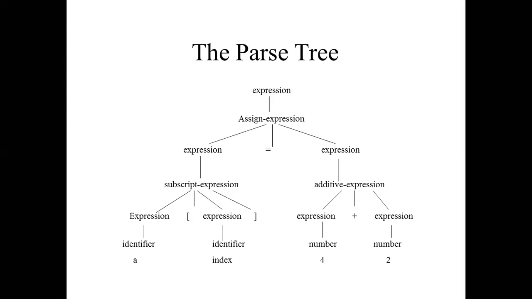For the parse tree, first we break the string into different expressions, and then we ultimately get the same expression in the form of tokens. At the end, we get a number of tokens. A is a token, index is a token, 4 is a token, and 2 is a token.